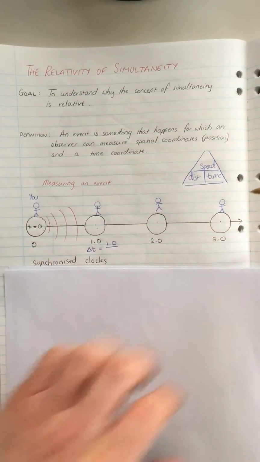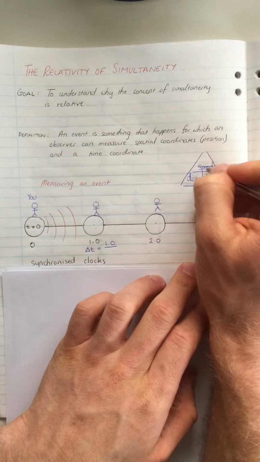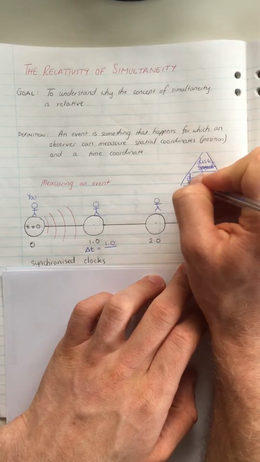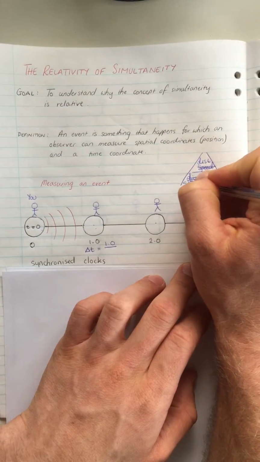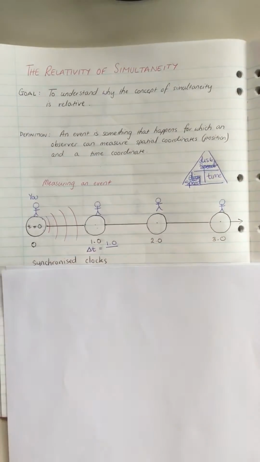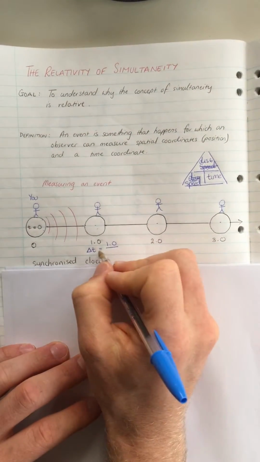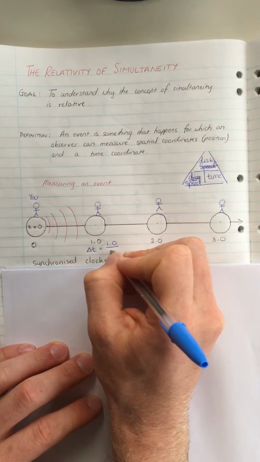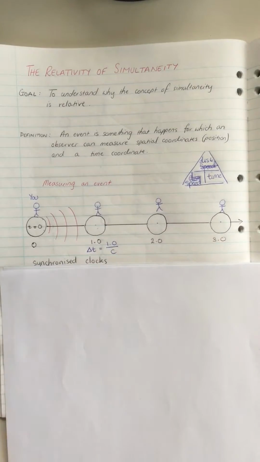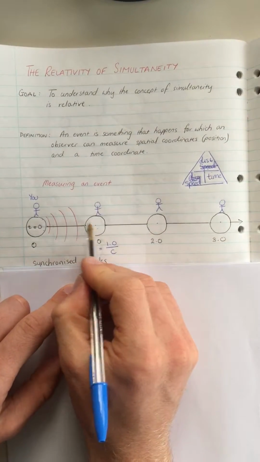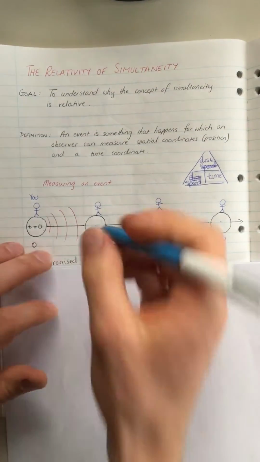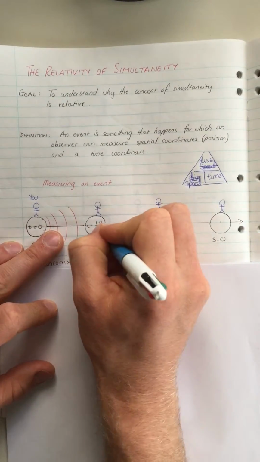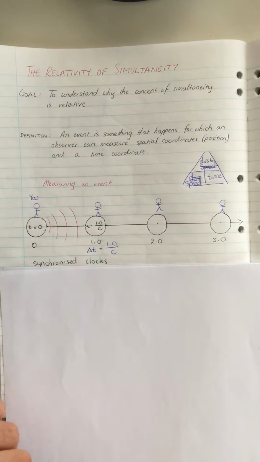Sorry, I've made a mistake here. So the time that's passed is the distance 1 metre divided by the speed, which is the speed of light, which we know to be c. So that means that the time that this person will set the clock at should read t equals 1 divided by c, whatever that number is.